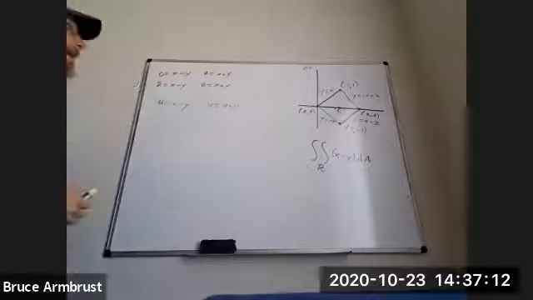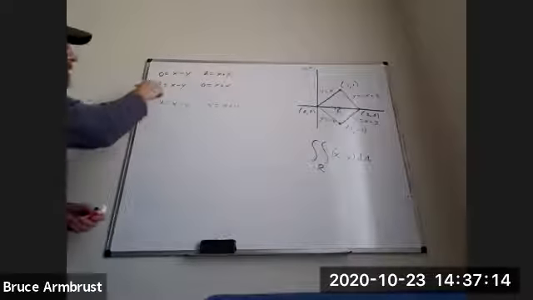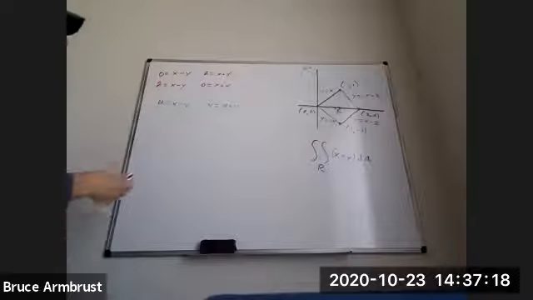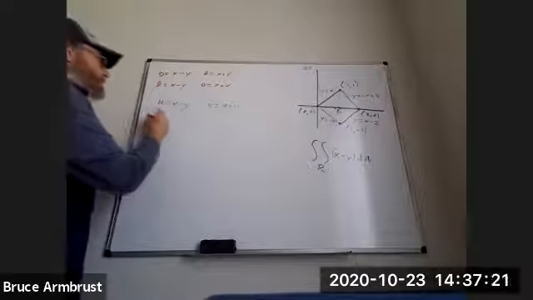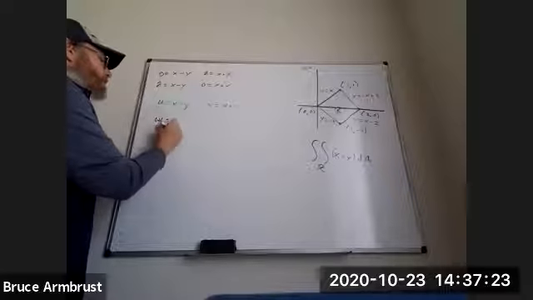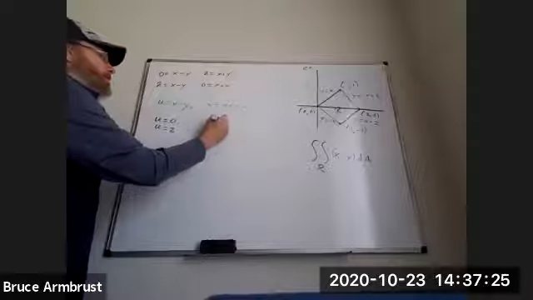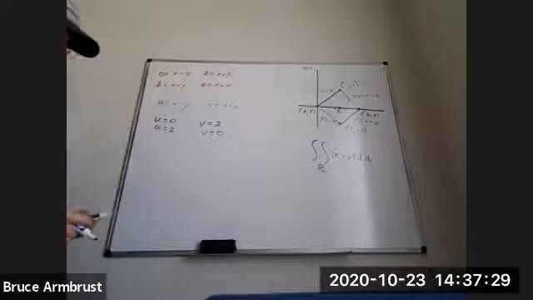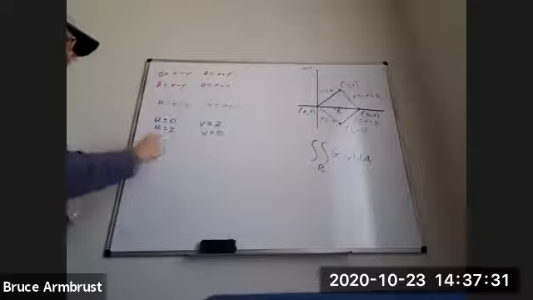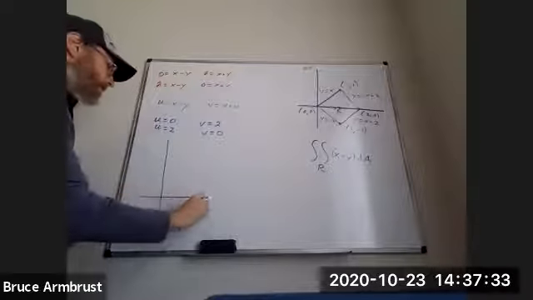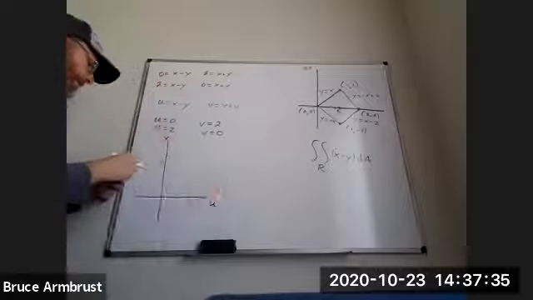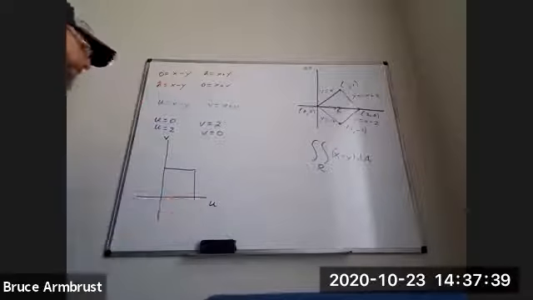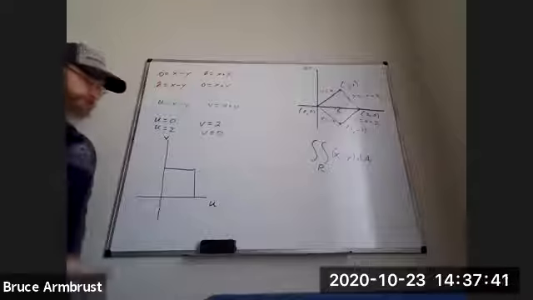If I do that, then these 4, the boundaries, they change to being u equals 0, u equals 2, v equals 2, and v equals 0. And so if we now look at this on a UV plane, there's my region.